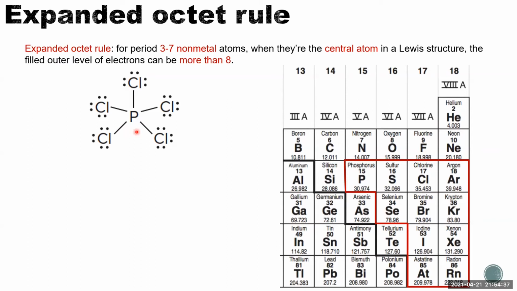It follows the expanded octet rule. Also in selenium trioxide, there are 6 bonds in total, so 3 double bonds. In total, we have 12 electrons around selenium. So that also is an example of the expanded octet rule. You need to know the possible situations and possible atoms that follow the deficient octet rule and expanded octet rule.